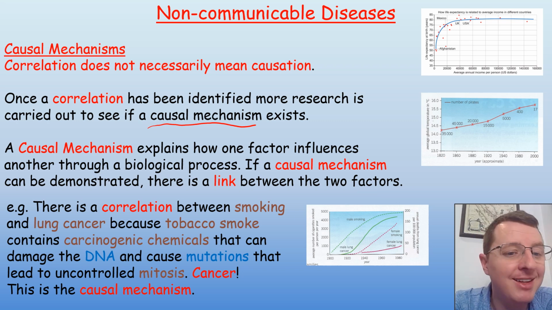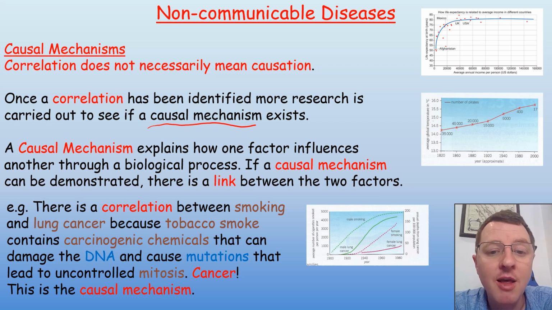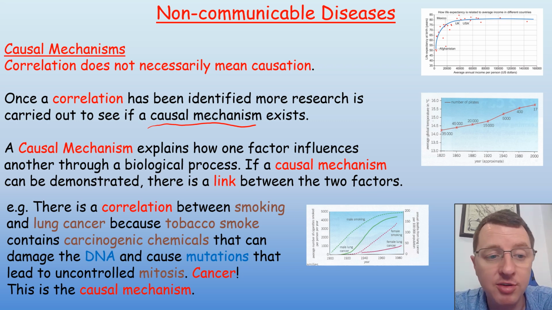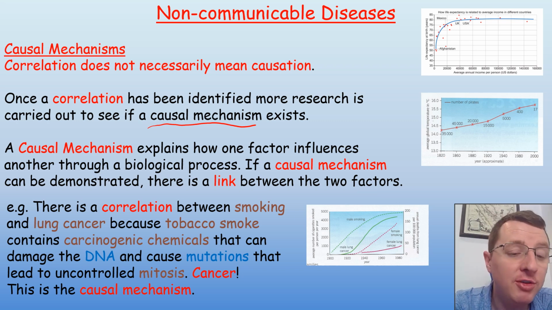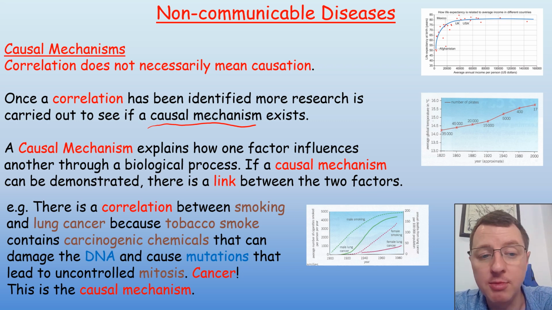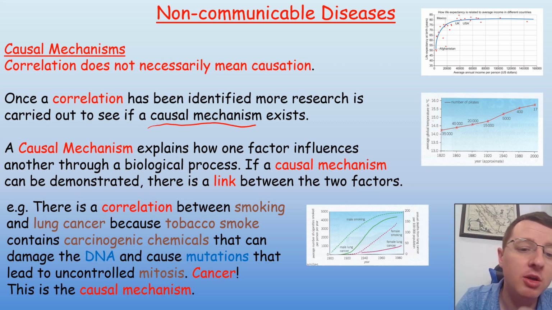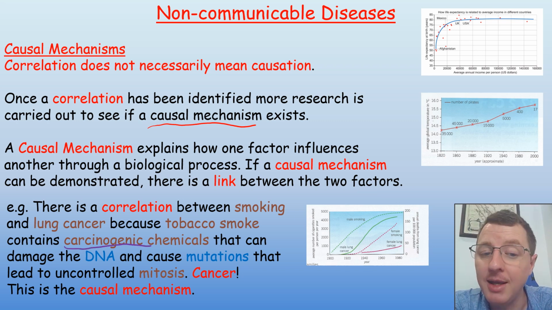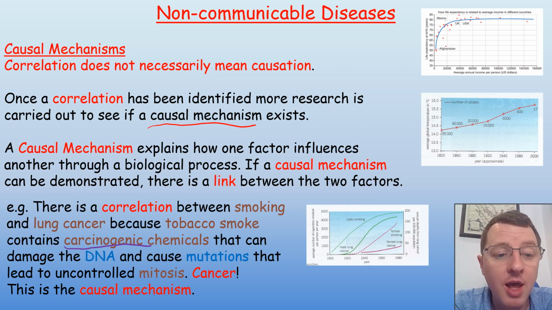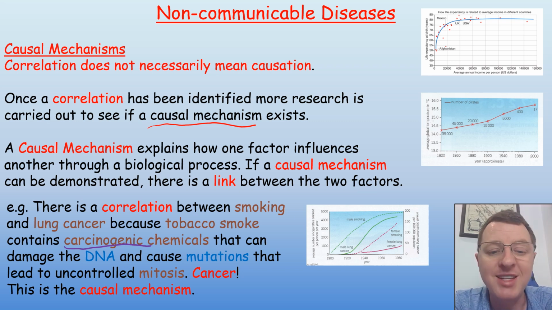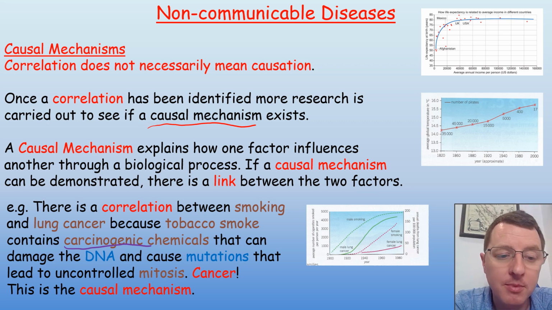If a causal mechanism can be demonstrated, then there is a link between the two factors you have investigated. For example, there is a correlation between smoking and lung cancer because tobacco smoke contains carcinogenic chemicals that can damage DNA, cause mutations, and this can lead to uncontrolled mitosis, which is cancer. This is our causal mechanism.